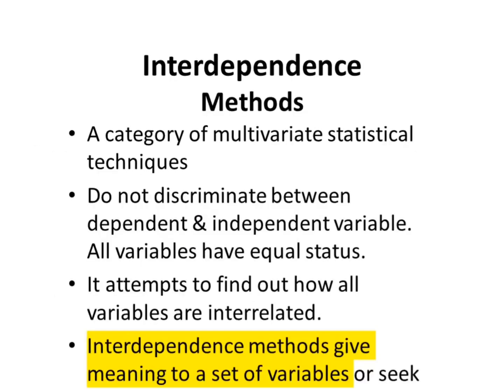As I've said, the interdependence methods find out how all variables are interrelated. So we're going to define how the two are interrelated. Another example: the dependent variable is pollution levels. What are the independent variables? We have emission controls or industrial activity.